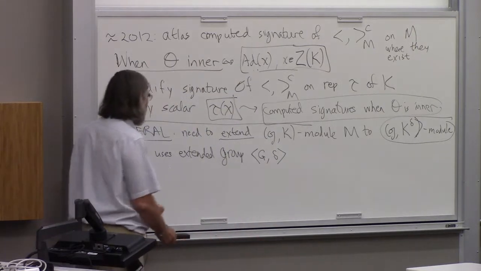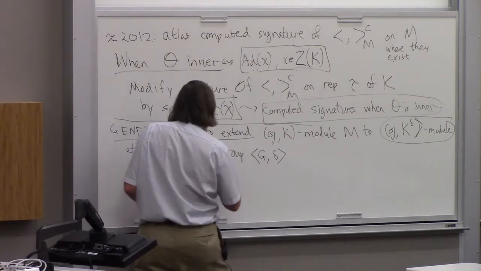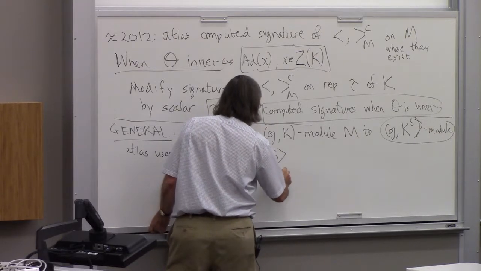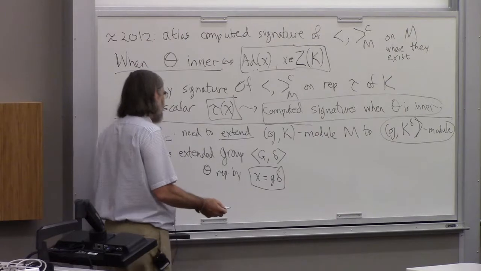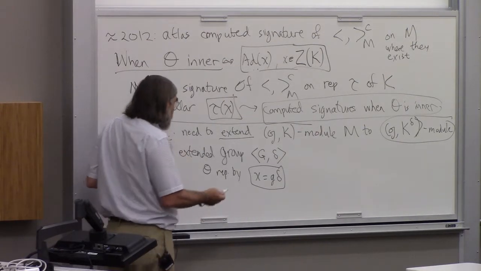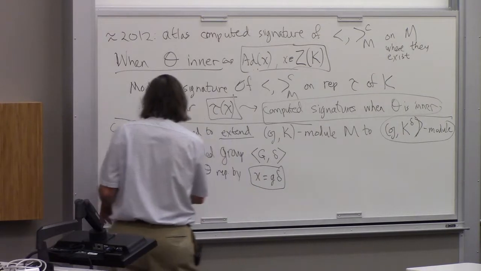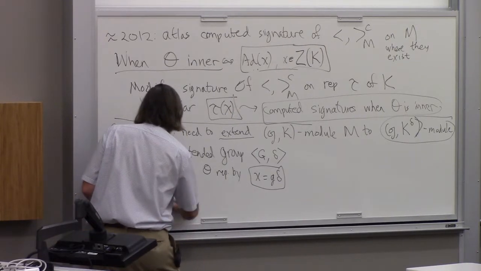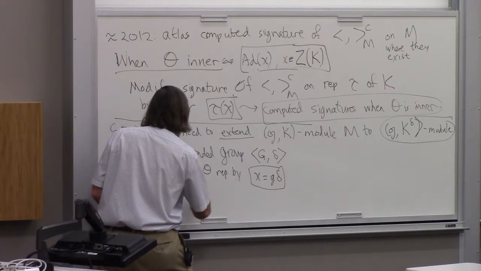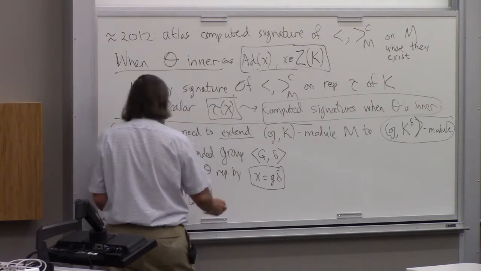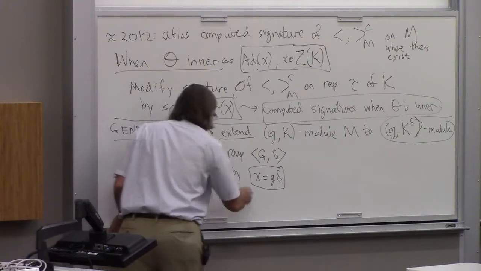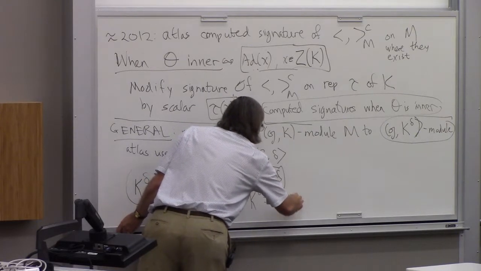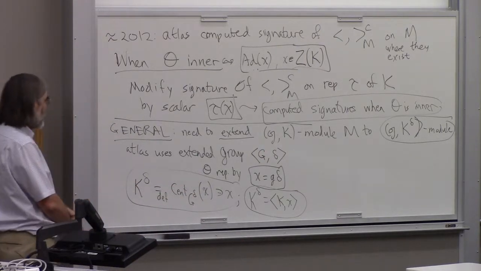I'm not going to recall everything about it, and this theta is represented by some class X in G delta, and so this K delta is by definition the centralizer in this extended group of this element X. And so it has X in it. And in fact, it's kind of obvious that K delta is generated by K and X. Great.